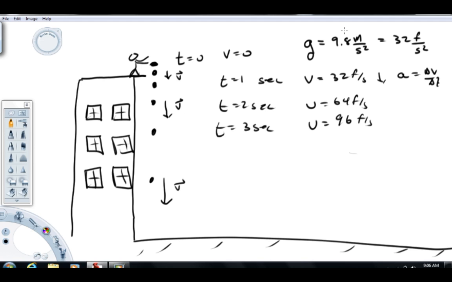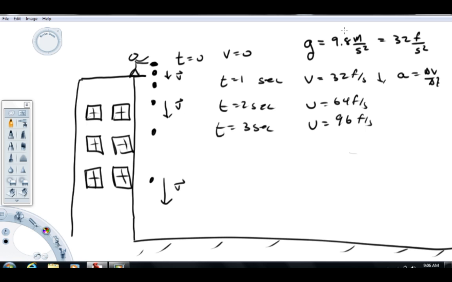Now, one of the things that comes up in physics is plus and minus signs and dealing with that. Acceleration is an example of what's called a vector quantity, and a vector quantity is a quantity that has magnitude and direction. The way we communicate direction mathematically is by using coordinate systems combined with plus and minus signs.